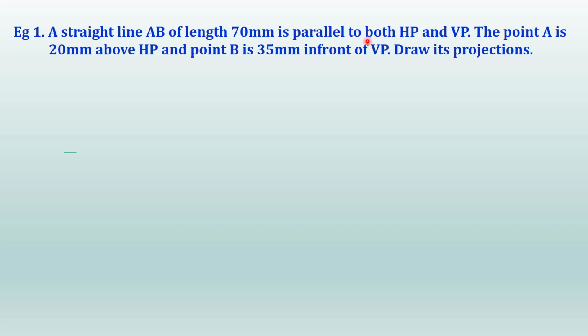So if the line is parallel to both HP and VP, we know that the true length will be obtained on VP as well as HP, right? Since the line is parallel to the horizontal plane, we will get true length on HP. Since the line is parallel to VP, we will get true length on VP also. Now, the second point is, since the line is parallel to HP, we will get a horizontal line on VP, or the elevation will be horizontal.